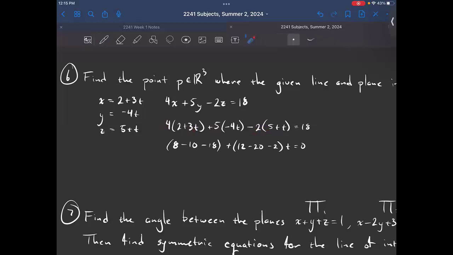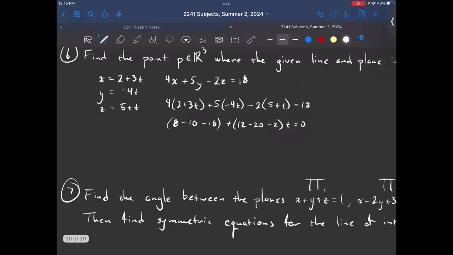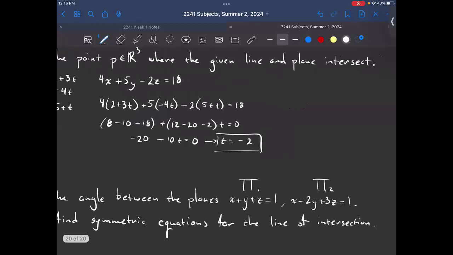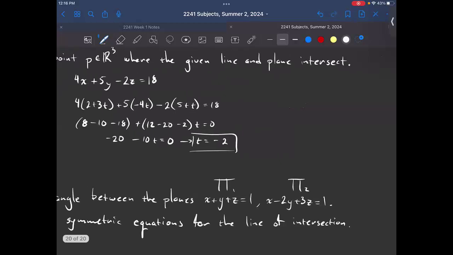So we get minus 20 plus, that's also going to be negative, minus 22 minus 12 is negative 10, and t equals 0. All right, so that tells me that t equals negative 2.